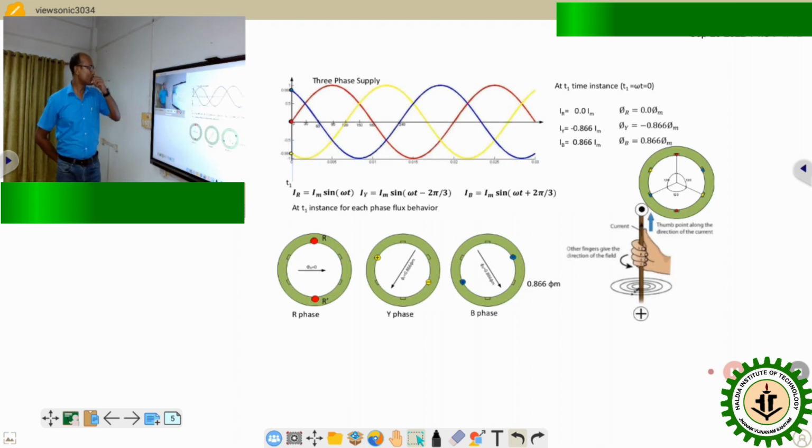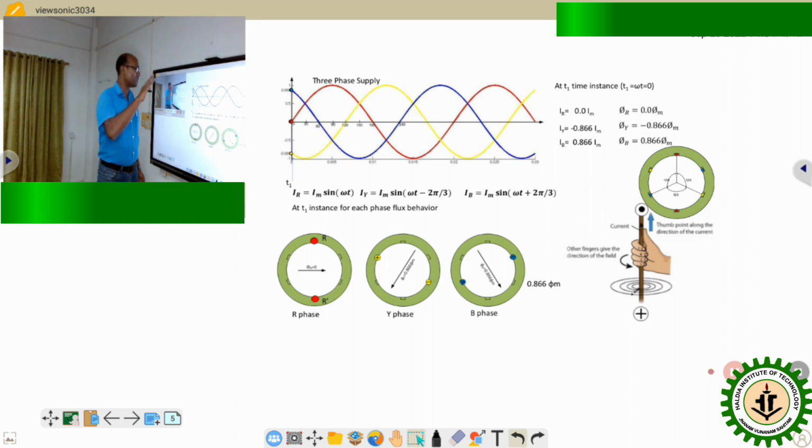First of all, I took the three individual phases, their current distribution and their corresponding flux distribution. This is the three-phase current waveform, and this current waveform will generate the three-phase flux.